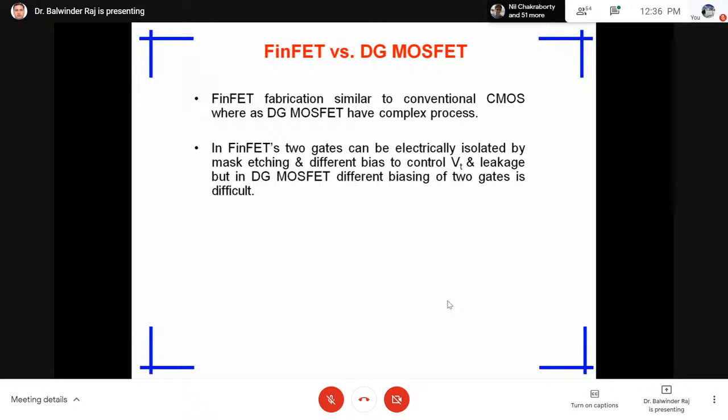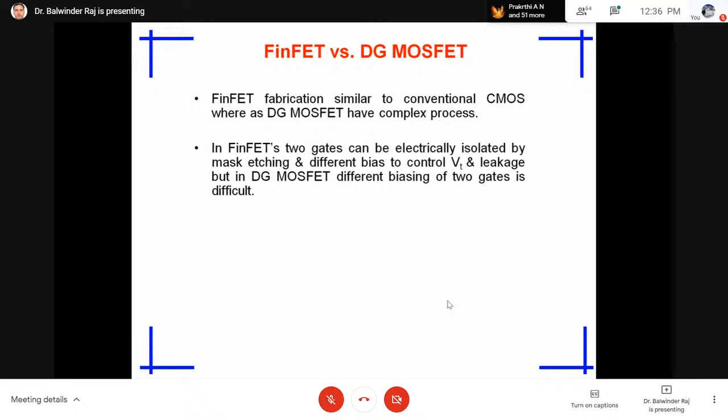So in the double gate FinFET based, the two gates can be electrically isolated, meaning we can have an asymmetrical structure, and electrically isolated means they can be independently biased, but in this case we require two power supplies.